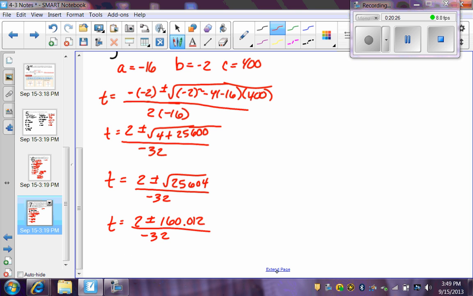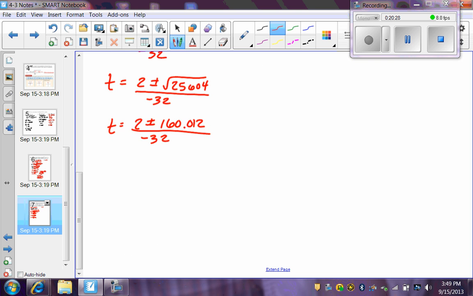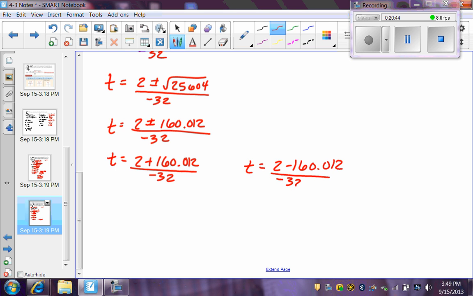So now I know that t is 2 plus 160.012 divided by negative 32, or t equals 2 minus 160.012 divided by negative 32.